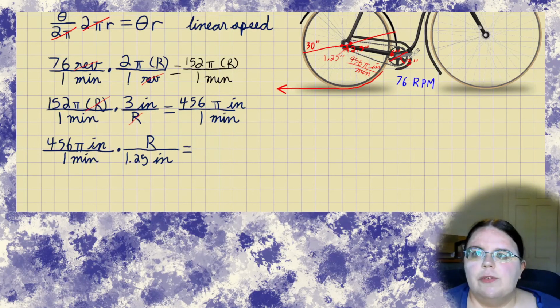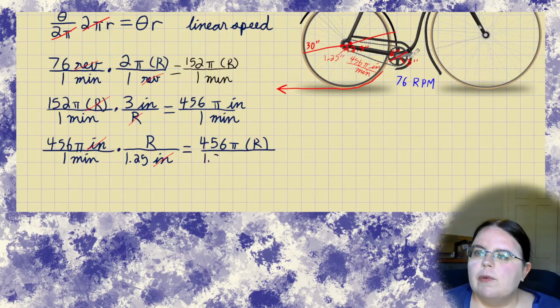Why did we reintroduce the inches? Because that way we can eliminate them from our calculation the usual way for dimensional analysis. From there, the next thing we can do is just multiply across, again, the usual way for dimensional analysis. So this angular velocity now, because we've reintroduced that we're in radians, will be 456 pi in radians per 1.25 minutes.